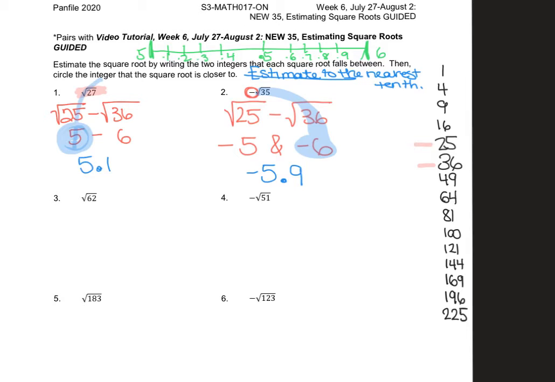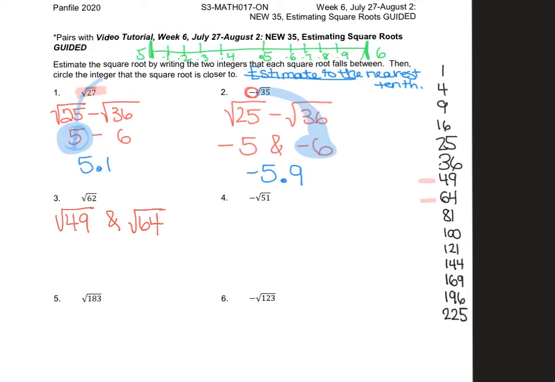All right, so let's look at 62. 62 is going to be between which two numbers? 62 is going to be between 49 and 64. So it's going to be between root 49 and root 64. And notice how I do it. This is my template. It's the same thing each time.